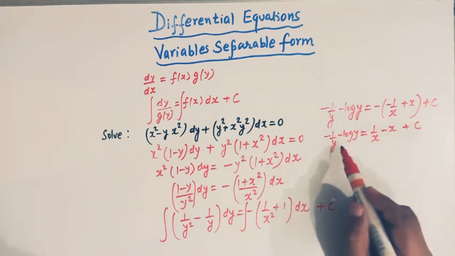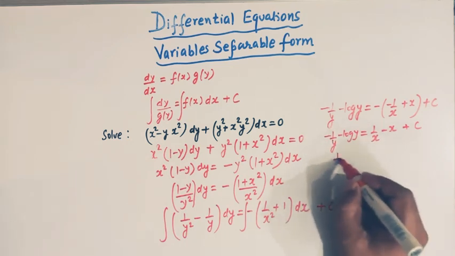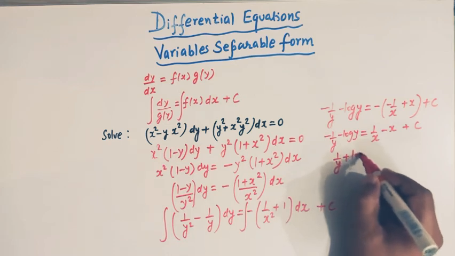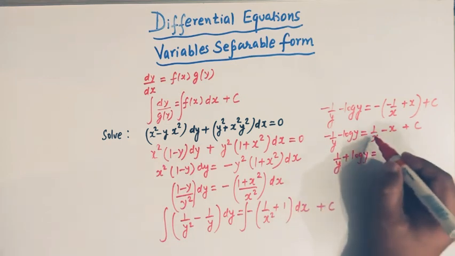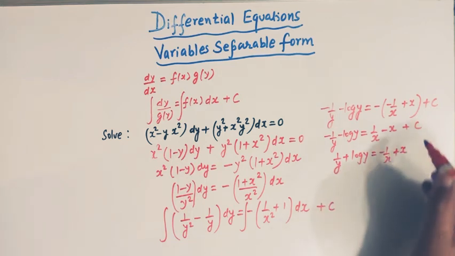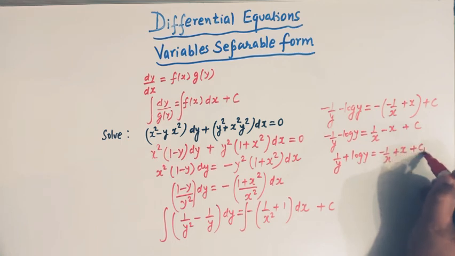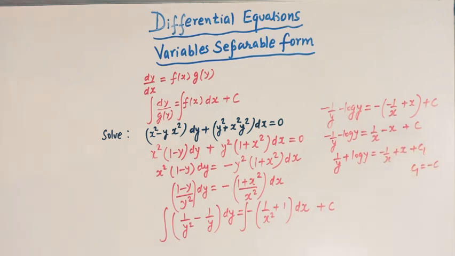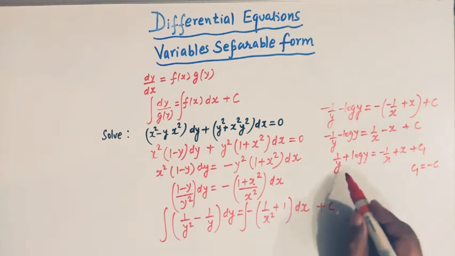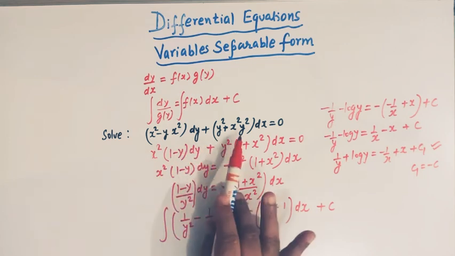Now multiplying throughout by minus 1, we have 1 over y plus log y is equal to 1 over x minus x, and here we have minus c, and we can write plus c1. So c1 is equal to minus c, right? So this is the required solution of this differential equation.